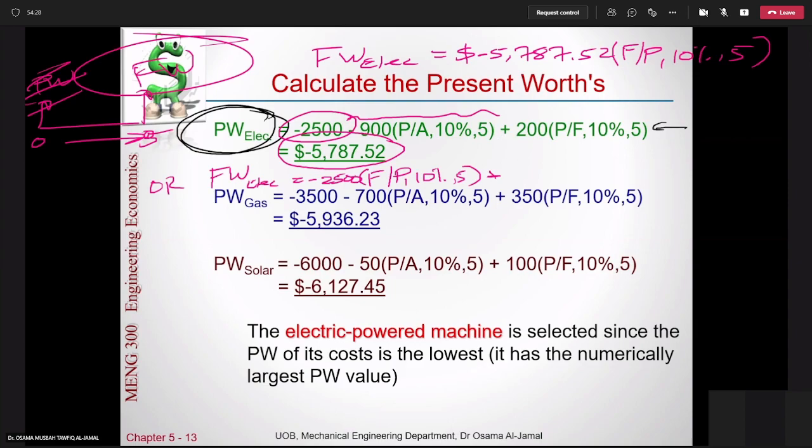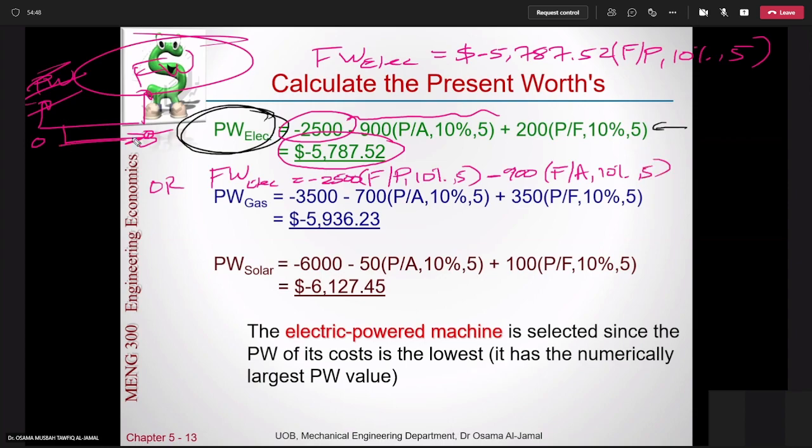So this is not plus, it is minus. Talk about this now, 900 P will be F given annuity, 10%, 5. Why?